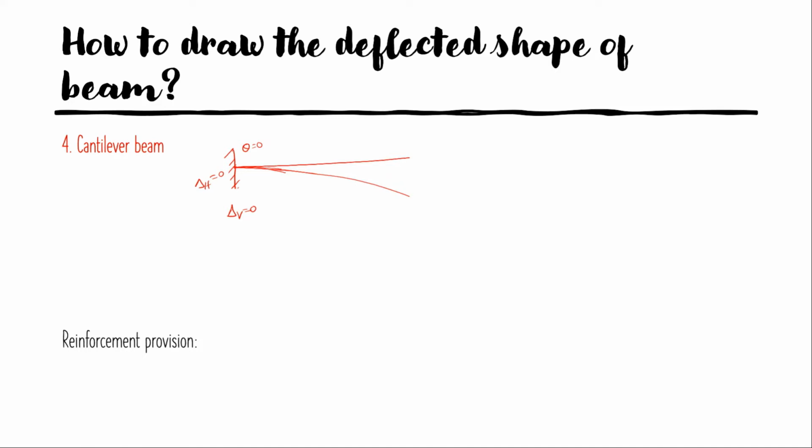So therefore here the slope would not be equal to 0, neither the vertical displacement. So therefore this would be the deflected shape.